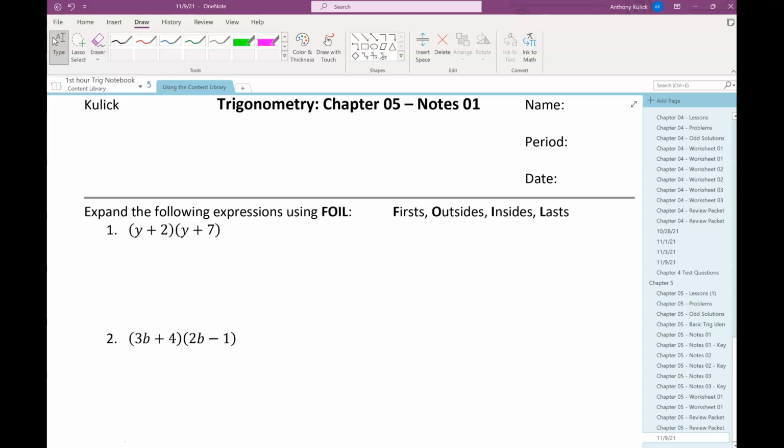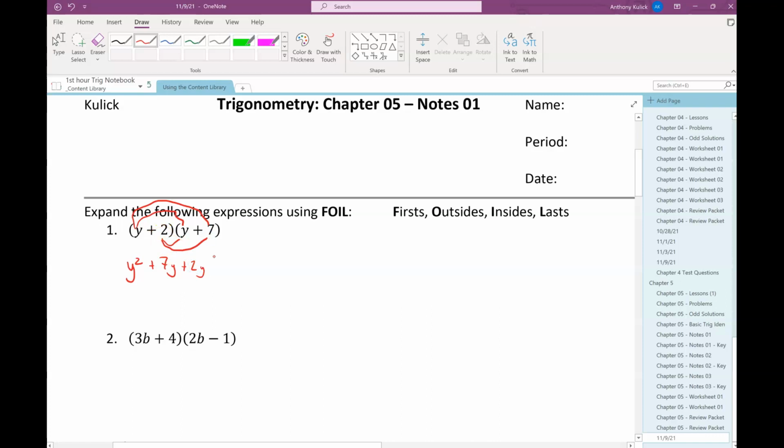Remember, FOIL is just an acronym for how we multiply two binomials together. FOIL stands for first, outer, inside, last. We multiply the first things together, y times y is y squared. Multiply the outside things together, y times 7 is 7y. Multiply the inside things together, 2 times y is 2y.